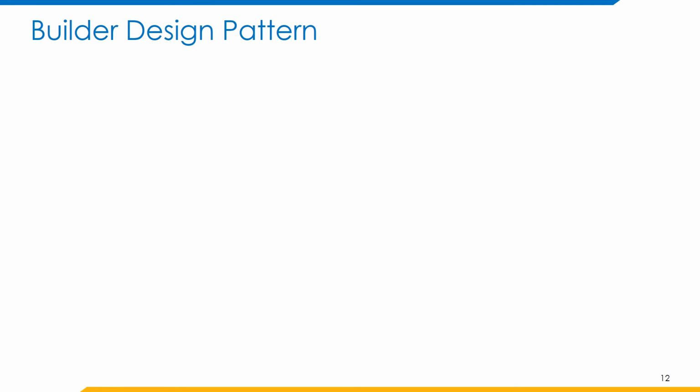Builder design pattern. The builder design pattern is used to separate the construction of a complex object from its representation, so that the same construction process can create different representations. For example, let us take the case of a vehicle manufacturer.